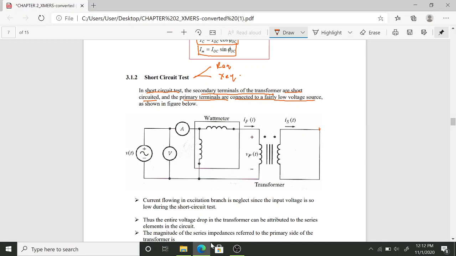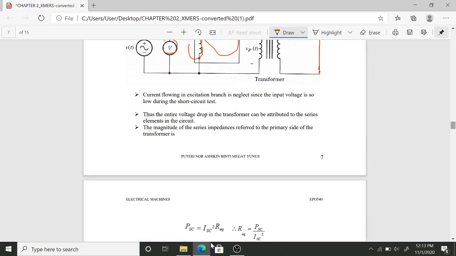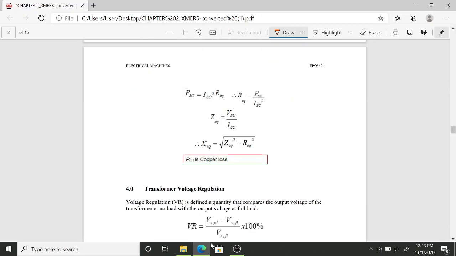So like this, the secondary side is shorted. Then you put the ammeter here, the voltmeter here, and the wattmeter here. You can get the values of R equivalent and X equivalent from these formulas.